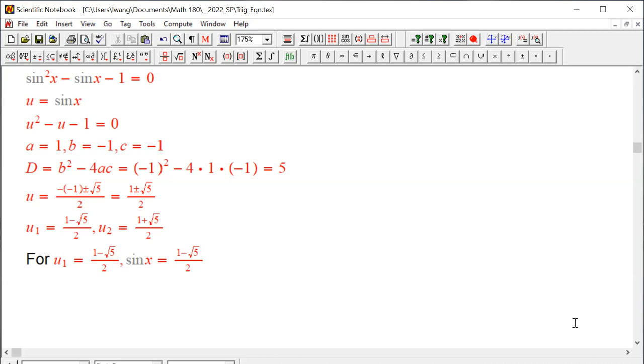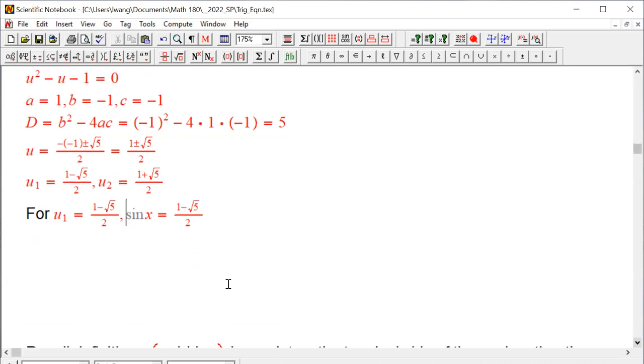And for u2, our sine x is going to equal u2.